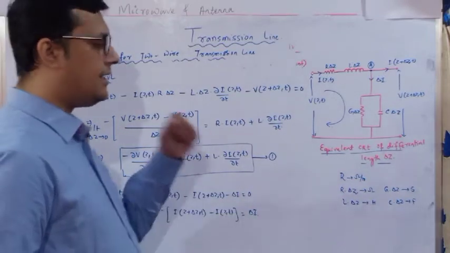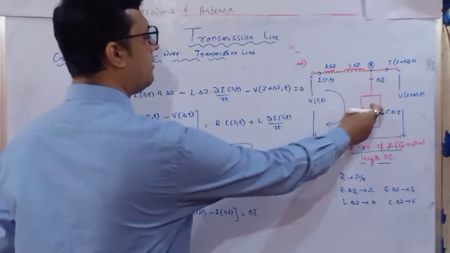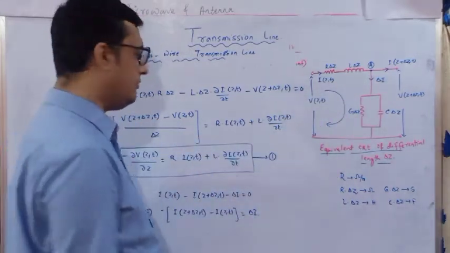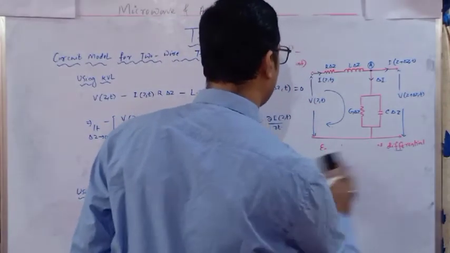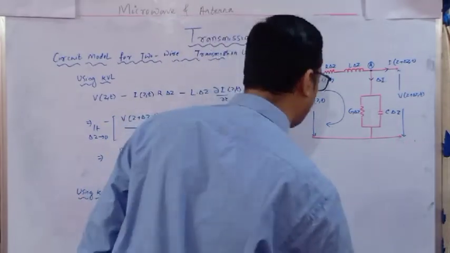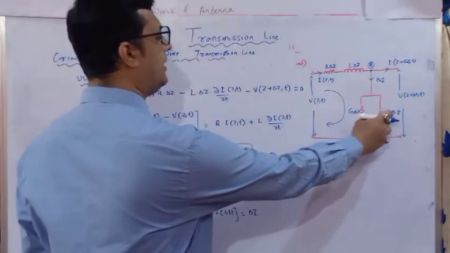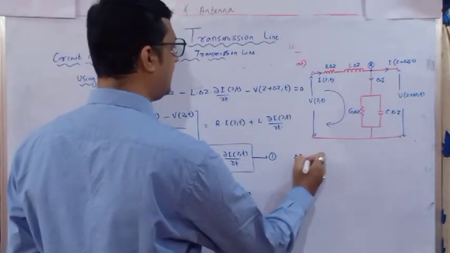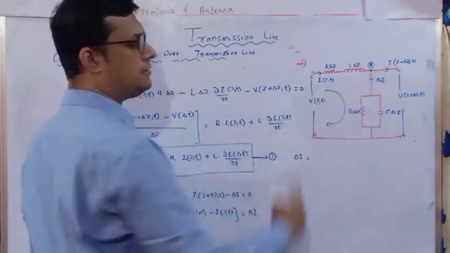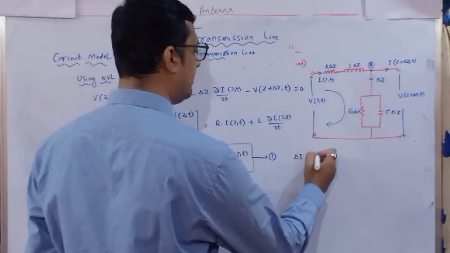Now what is my del I? Del I will be calculated with respect to these two values. So del I I will write in terms of conductance and capacitance. So here I will write del I equals the current across these two. So what will I write?